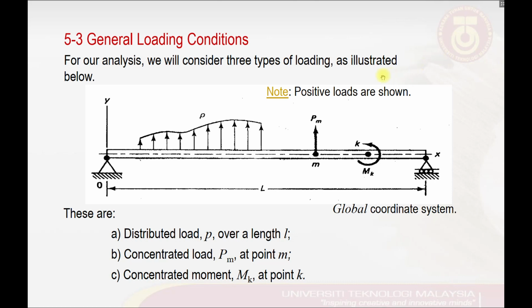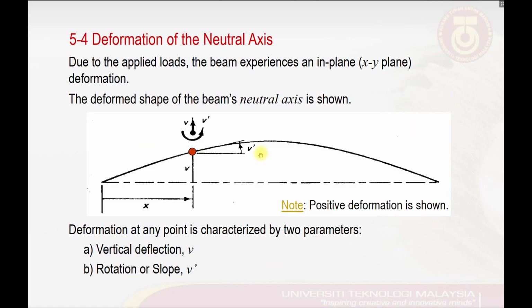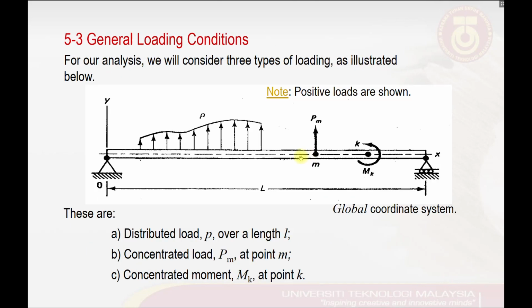The first one is known as the distributed load P, labeled by P here, and this distributed load spans from left to right with a certain length L. The second load is a concentrated load, which is applied at an arbitrary point along the beam structure.